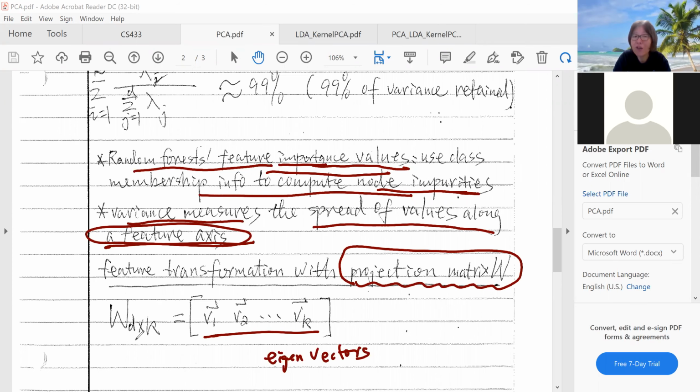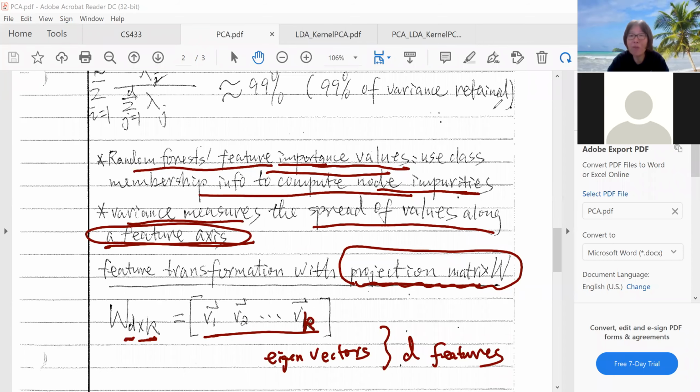Okay, the projection matrix, then it's D by K. Because we have D features, and then you pick K eigenvectors, so then you can build this projection matrix.